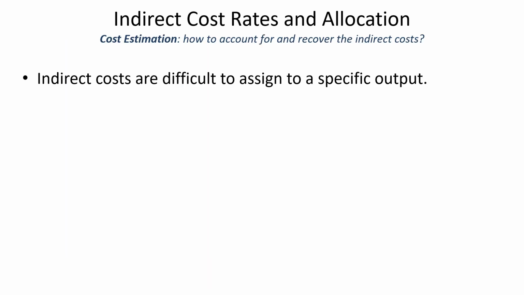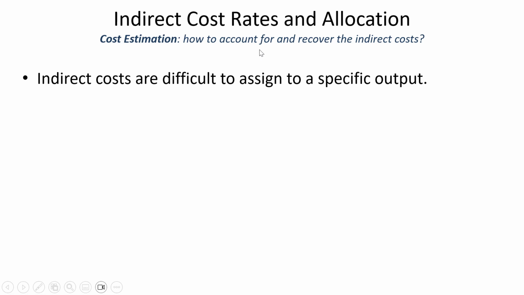Because it's hard to assign indirect costs to a specific output, the question arises: how do you account for indirect costs and how are you going to recover them? Because an organization that is manufacturing something sometimes doesn't know how they should get the money that's going to have to go to pay for supervisor salaries and advertising and so on.